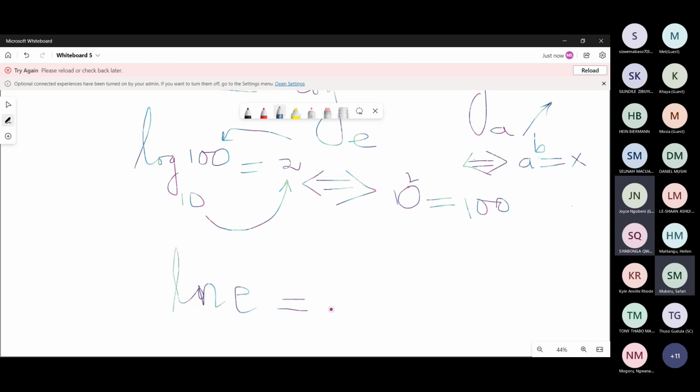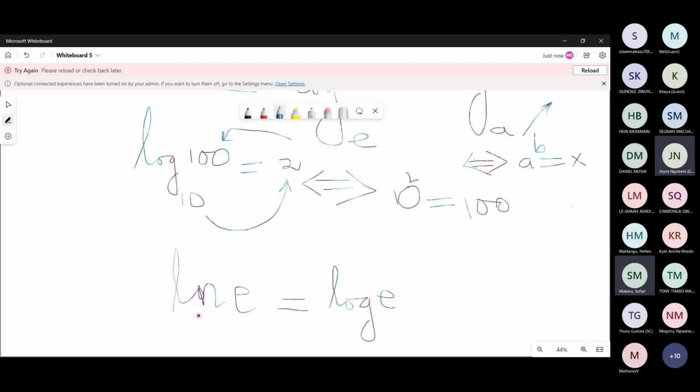Why? Because ln is the logarithm of e, and we know that for ln the base is itself e, right? And for every number, the log of the base itself is just equal to 1, because of course e to the power 1 gives you e, right?